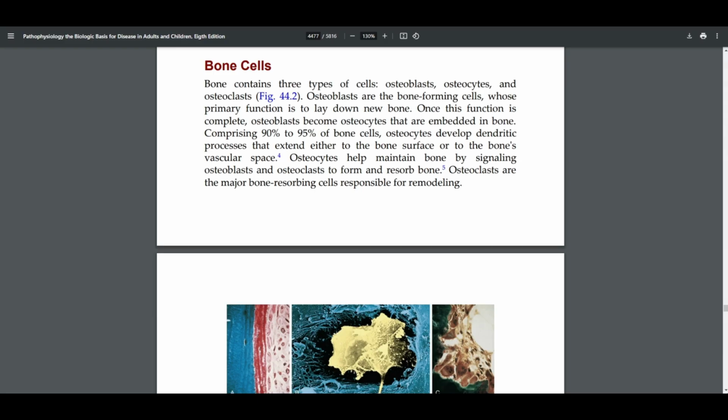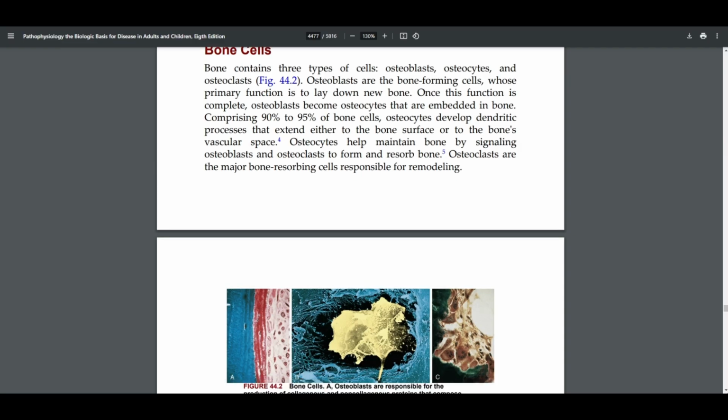Osteocytes develop dendritic processes that extend either to the bone surface or to the bone's vascular space. Osteocytes help maintain bone by signaling osteoblasts and osteoclasts to form and resorb bone. Osteoclasts are the major bone-resorbing cells responsible for remodeling.